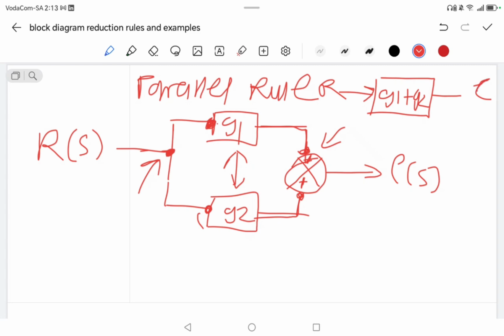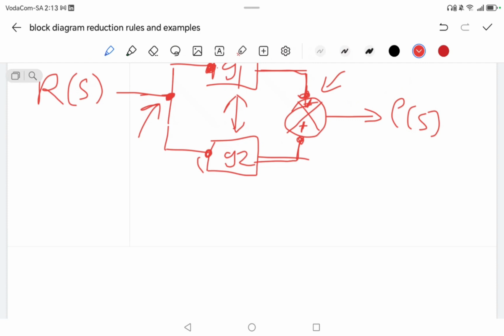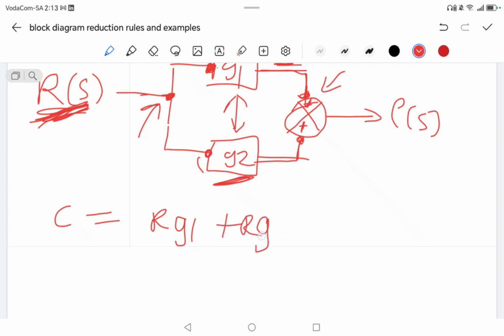So engineering students, we love proving stuff. What did we say about series? This R here is in series with this one, and this R here is in series with this one. So the total here, C, is equal to RG1 plus RG2, right? Because we said in parallel we add them.